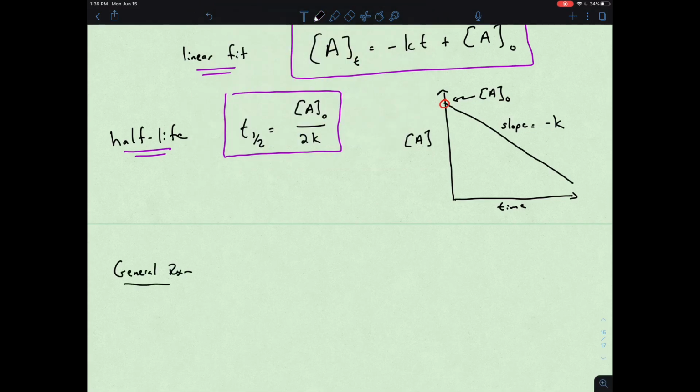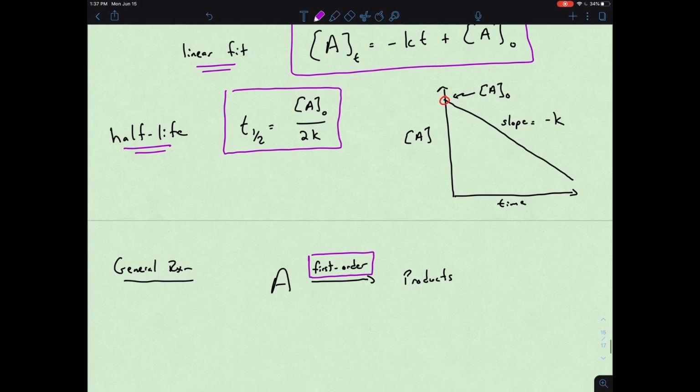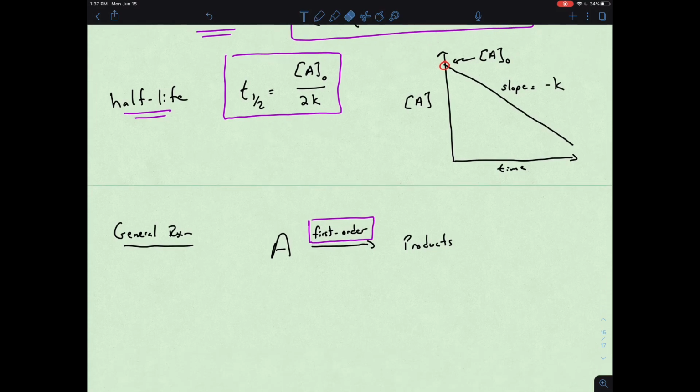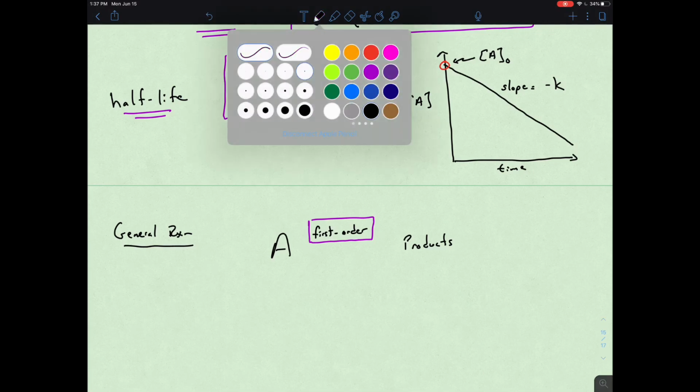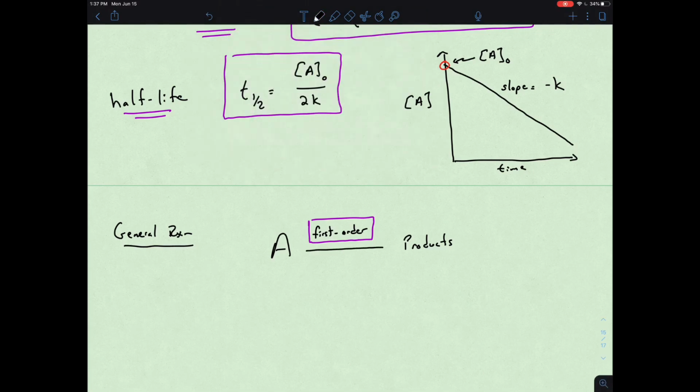If we go back to our general reaction, and now let's look at a first order process. We can do very much the same type of mathematics that we had done in our zero order derivation.